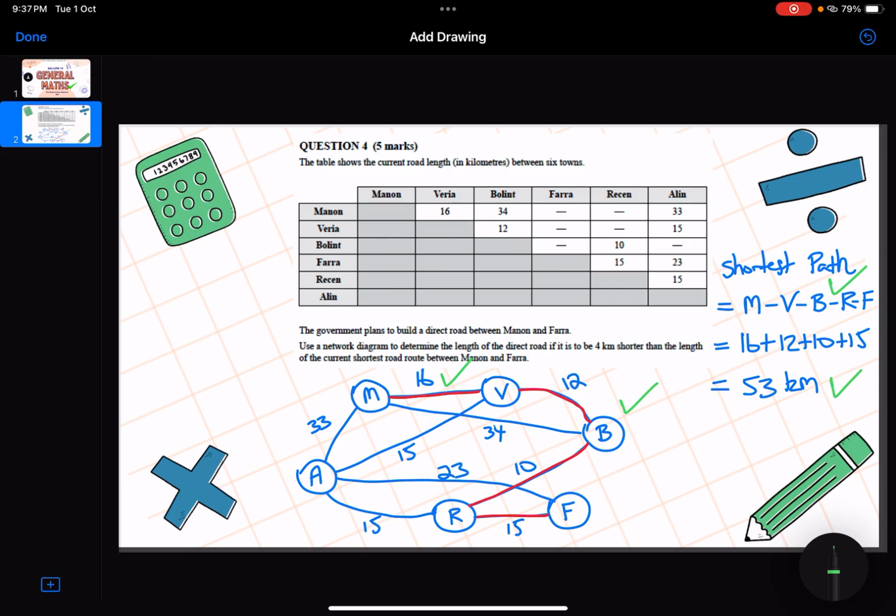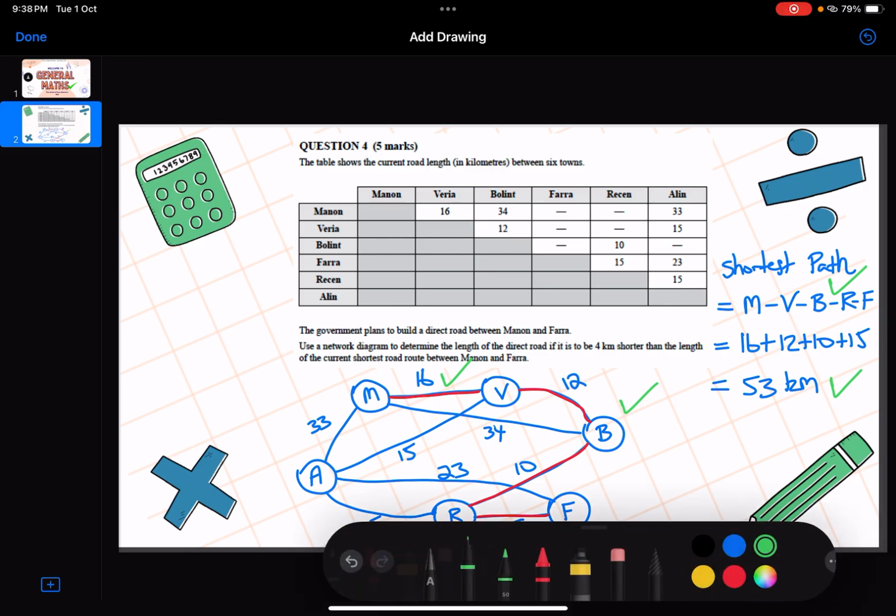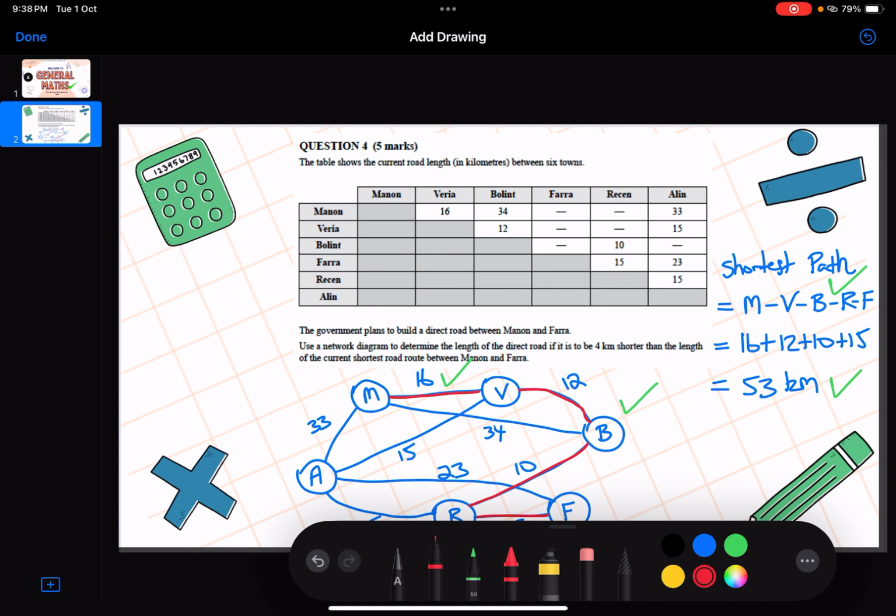Need to be careful. The last part of the question says, use a network diagram to determine the length of the direct road if it is to be 4 kilometres shorter than the length of the current shortest road.